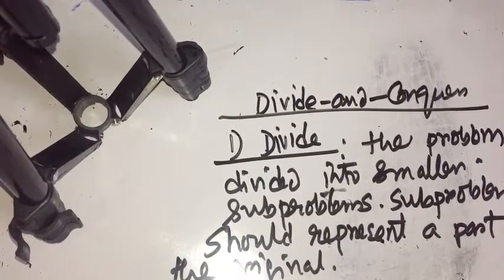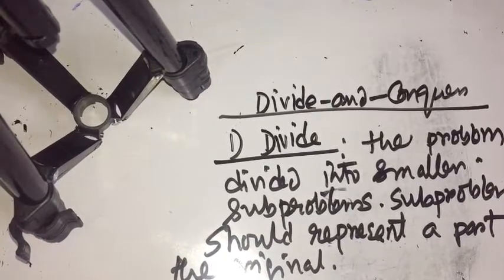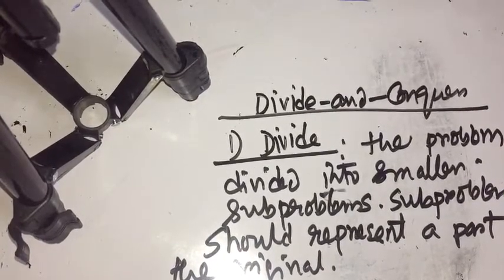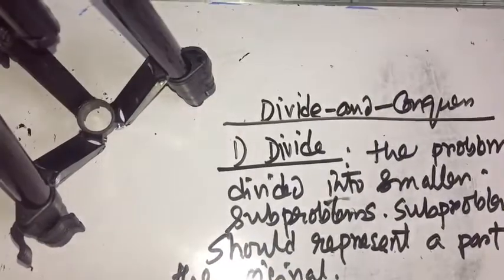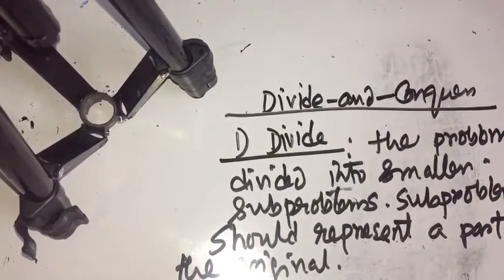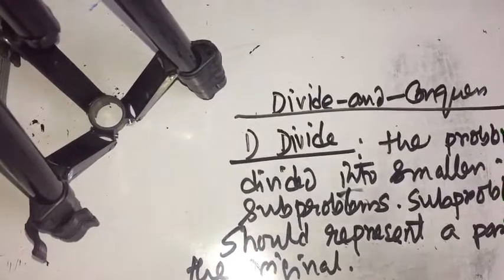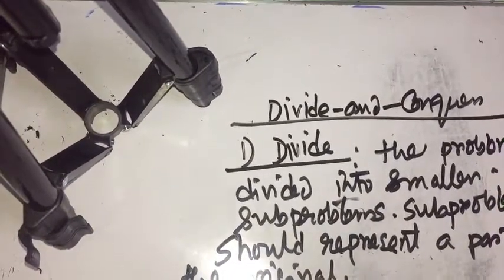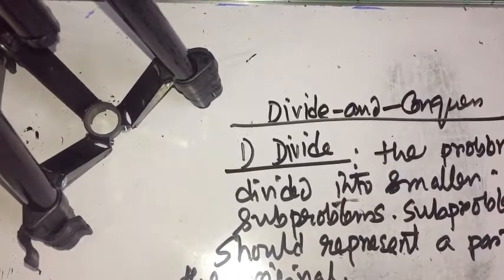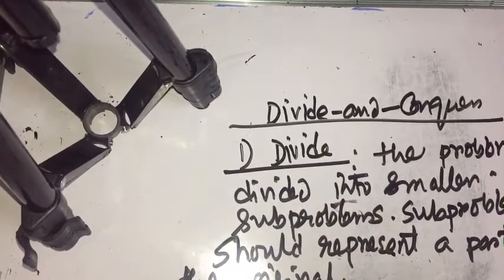So this is the divide and conquer step. This step is continued until the element is small. Number one is divide. Number two is conquer. This step combines the problem into its own.